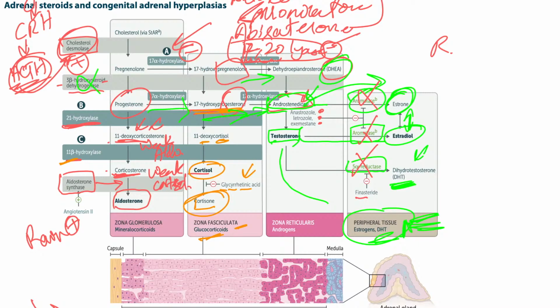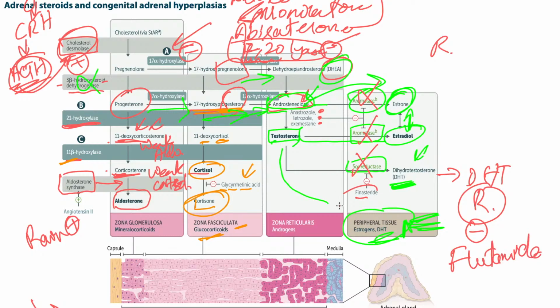Or let's go a little further, and we say DHT works on your DHT receptors. You could block these receptors by giving a drug, that is flutamide. So you have finasteride, which is blocking the formation of DHT, and you have flutamide, which blocks the DHT receptor, so DHT doesn't even work on it.